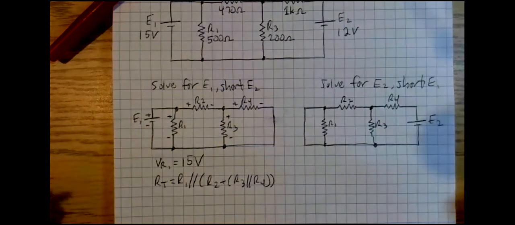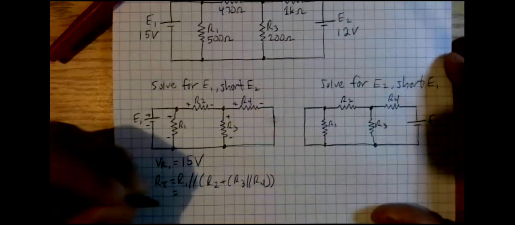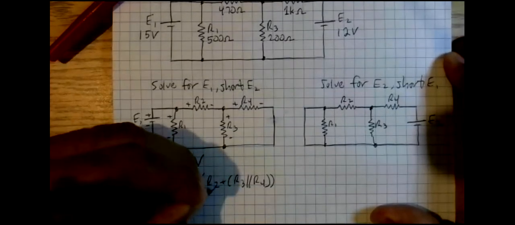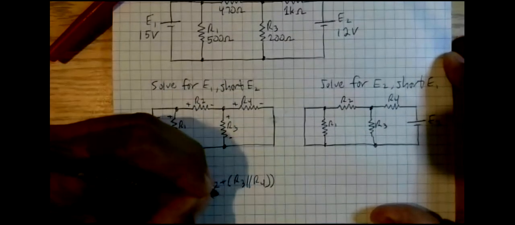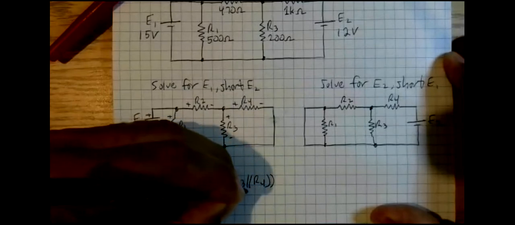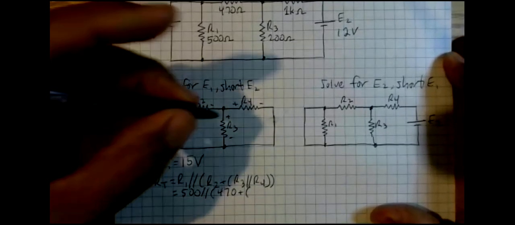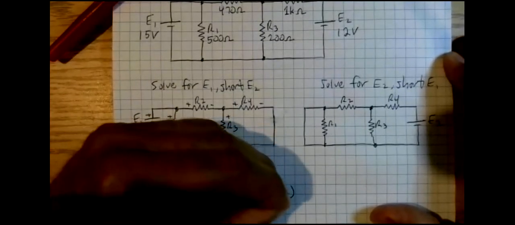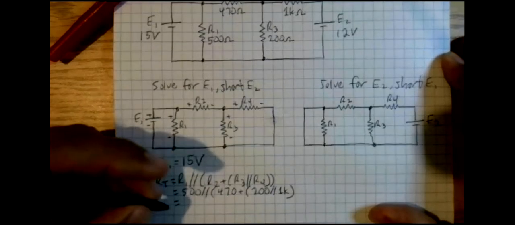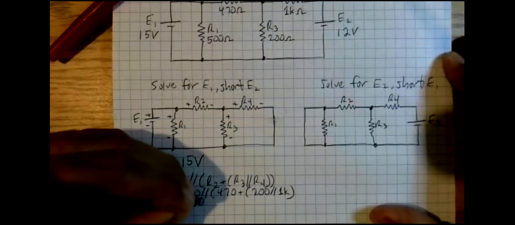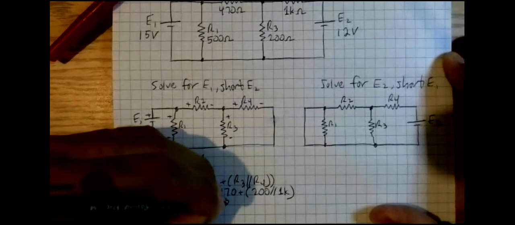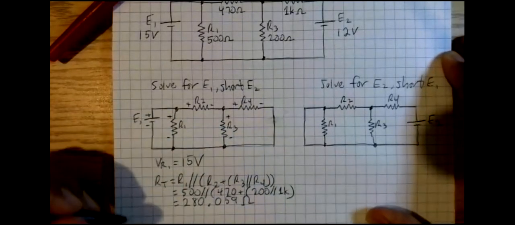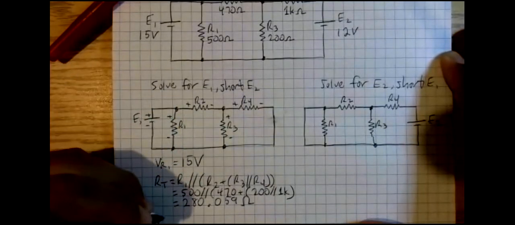So that's what we have, which gives us 500 ohms in parallel with 470 ohms plus, bracket again, 200 in parallel with 1K. And that gives us an answer of 280.059 ohms.